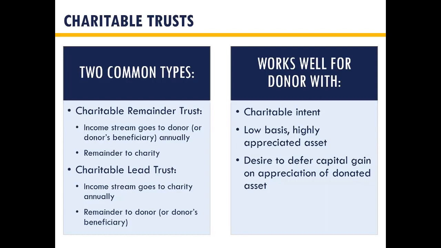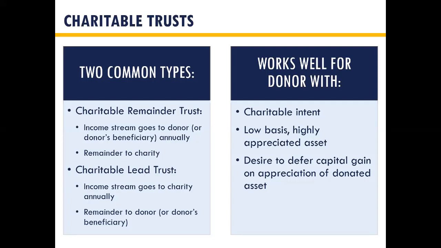The charitable trust can be both inter vivos trusts or testamentary. So what that means is I can establish those trusts while I'm living, or I can establish those trusts as part of my will or other testamentary determination. So they can be both living gifts or, upon my death, those trusts can be funded.